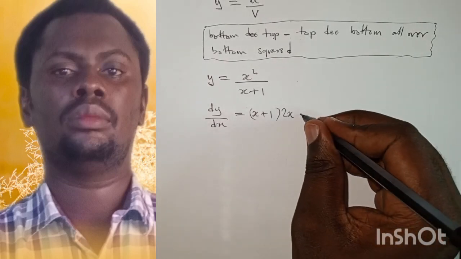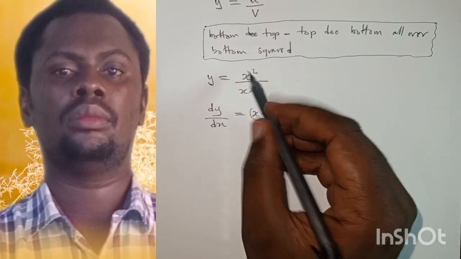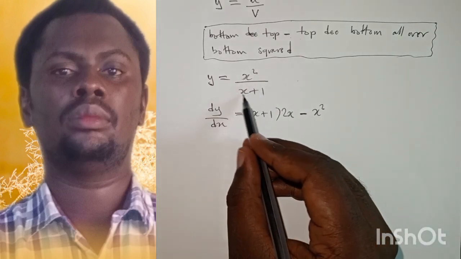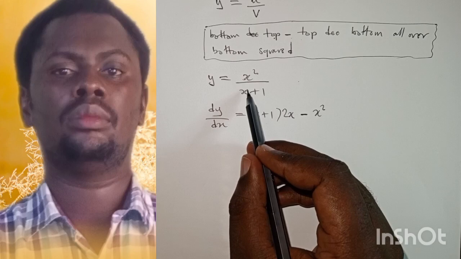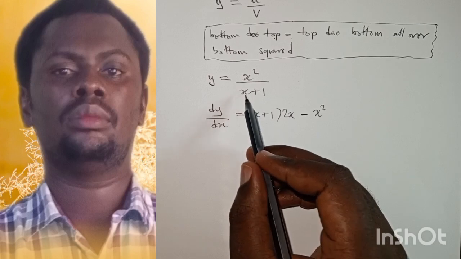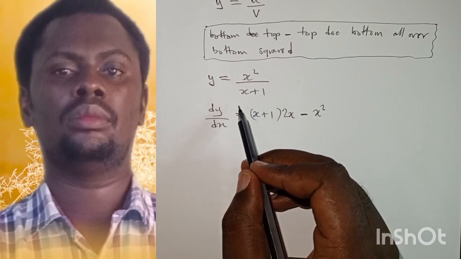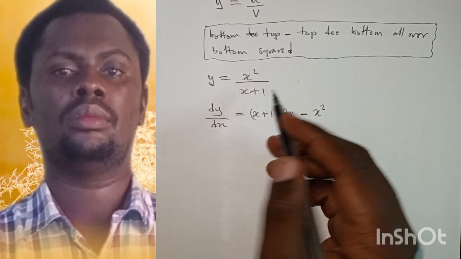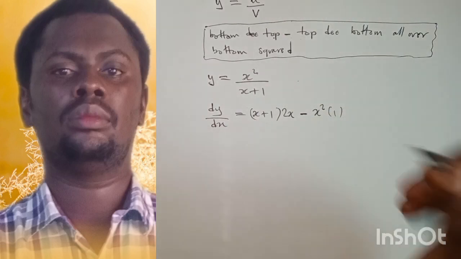Okay, then minus top, so you make the numerator constant, so x squared, then you differentiate the denominator. The derivative of x with respect to x is 1. The derivative of a constant is 0. So here we have 1, multiplied by 1.